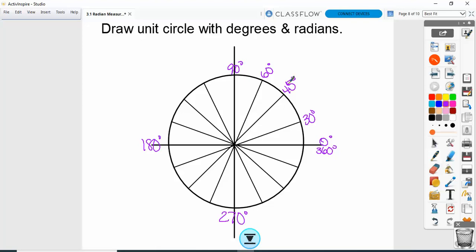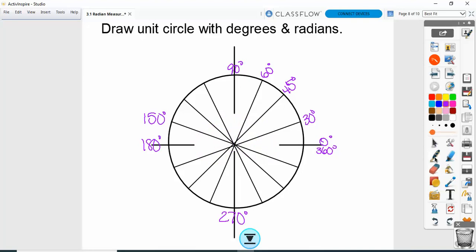If I'm talking about this angle down here, this would be a reference angle of 30. So can you tell me what that whole measure would be? 150. You did 180 minus 30, and you got 150.